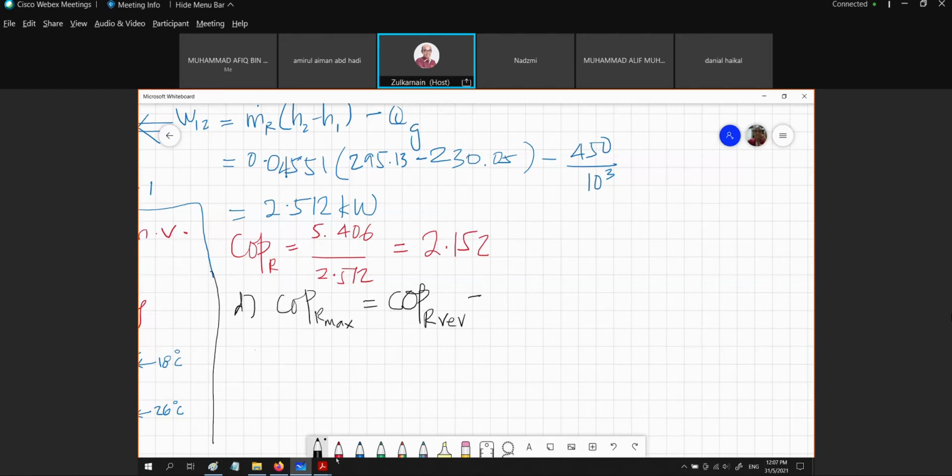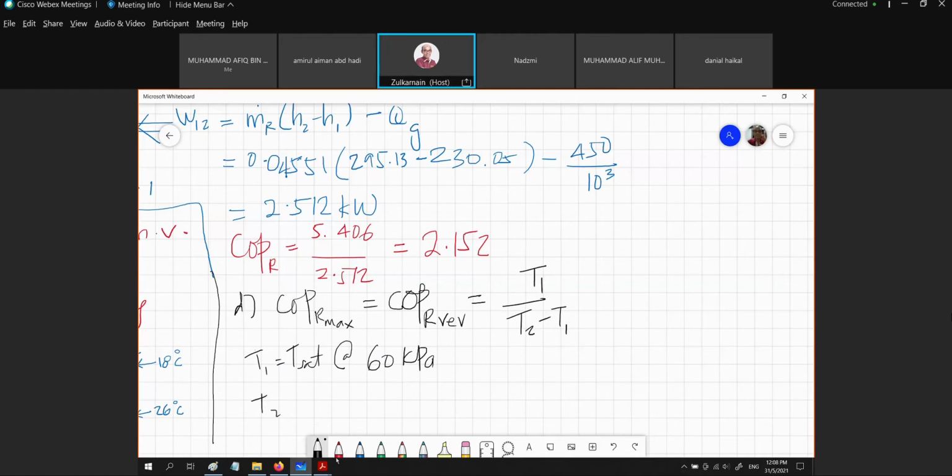So this is equal to T1 divided by T2 minus T1, where T1 is equal to the T set at our condenser pressure of 60 kPa. What is T2?